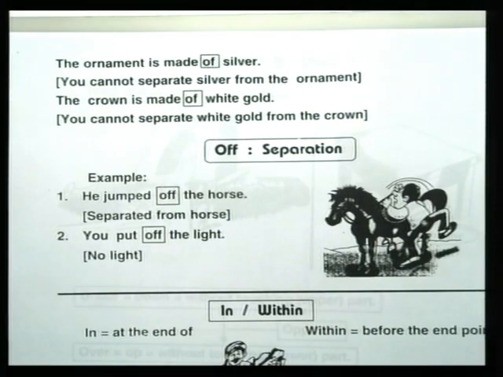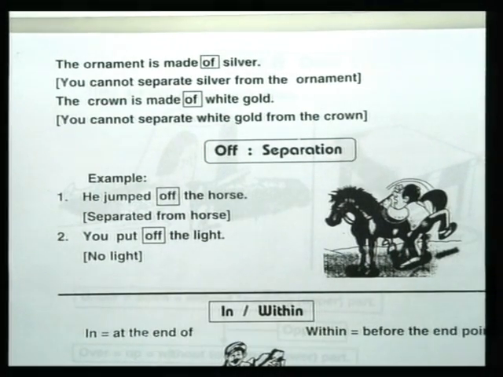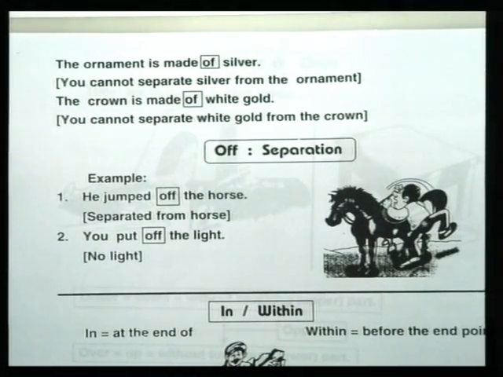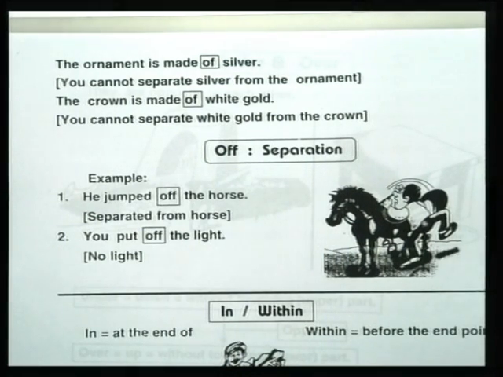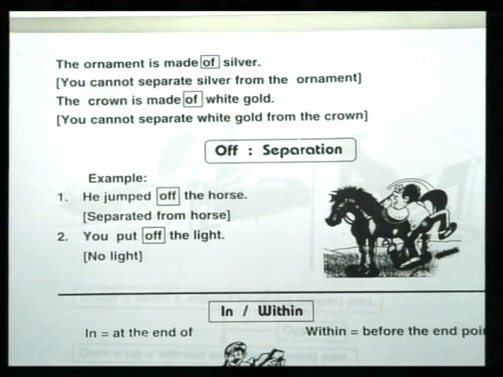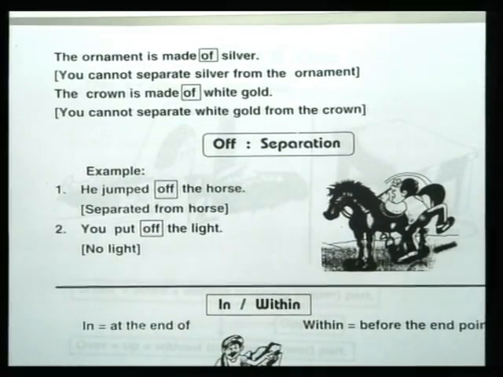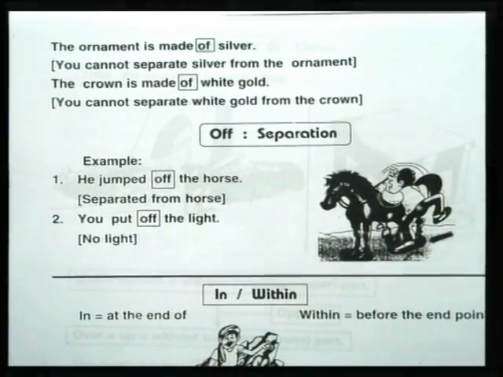The ornament is made of silver. You cannot separate silver from the ornament. The crown is made of white gold. You cannot separate white gold from the crown. So I hope you have understood the preposition of, which means no separation.